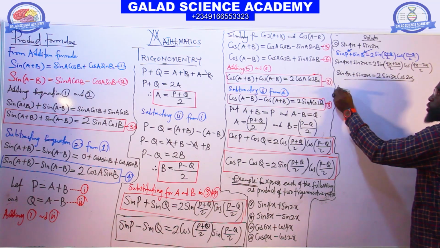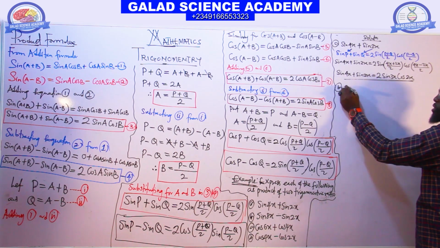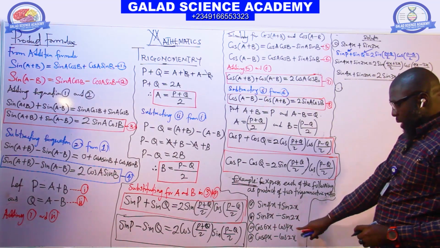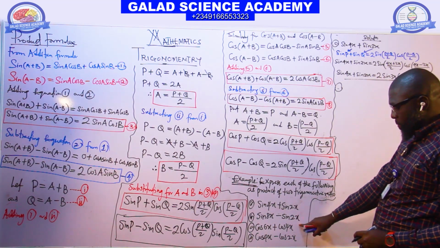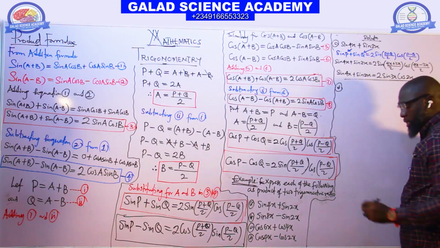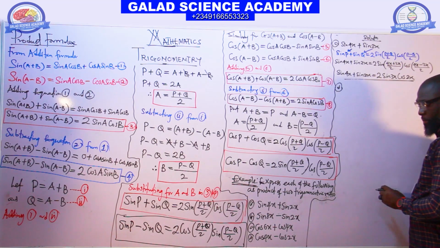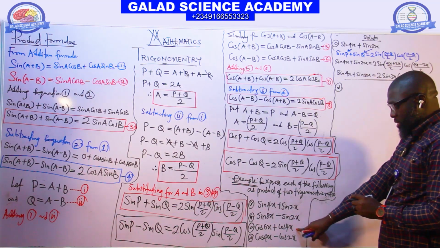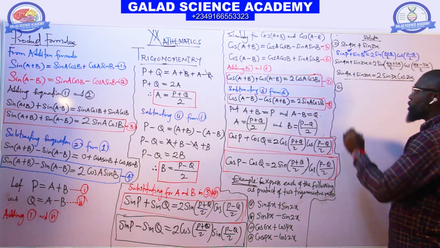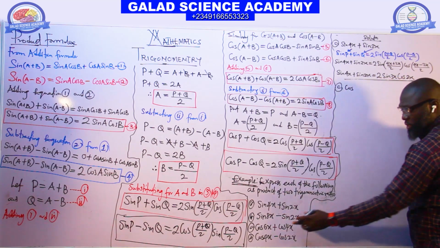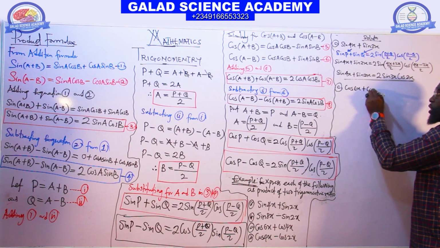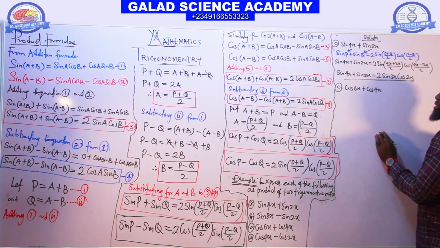The question 2 is... no, let me solve C. You can solve this one too, but let me solve C. C, we have cos 6x plus cos 4x.